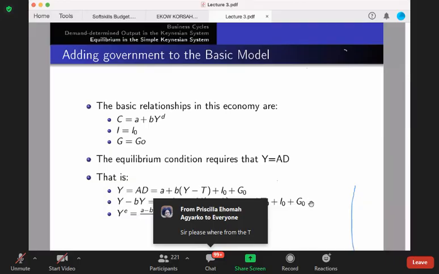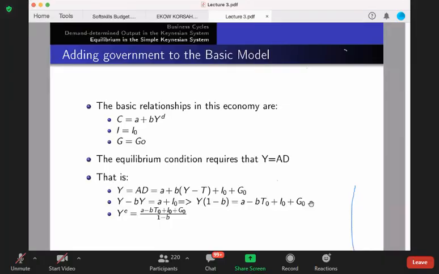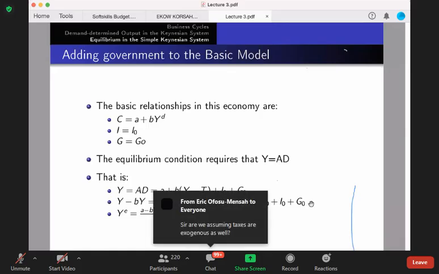T is taxes. When we bring in the government sector, the government spends, and it is called government expenditure, and they finance that spending from taxes. So taxes is the revenue part of government. G naught is the expenditure part. Where do they get these taxes from? Not from themselves.